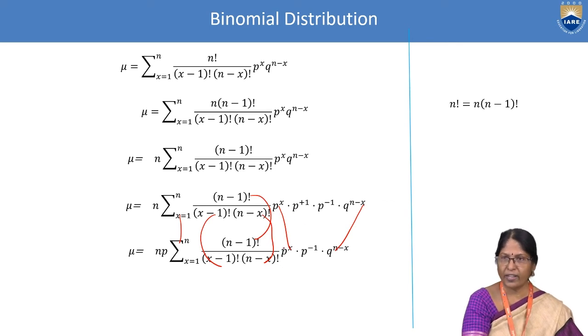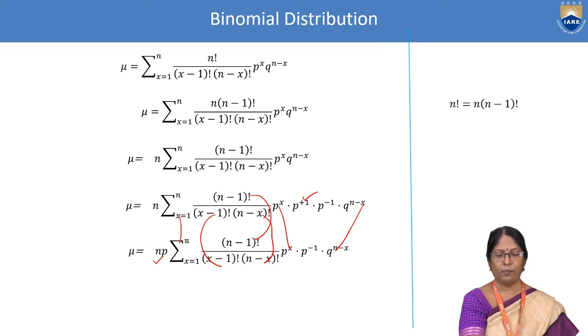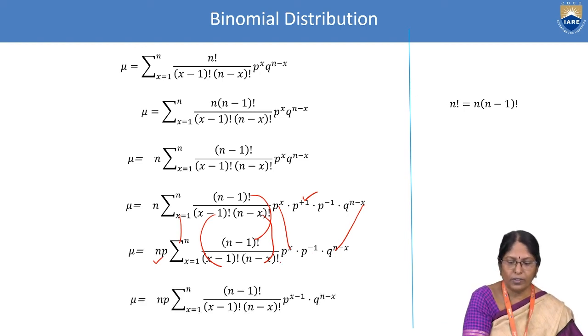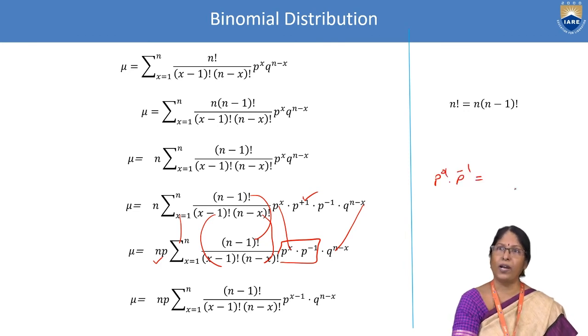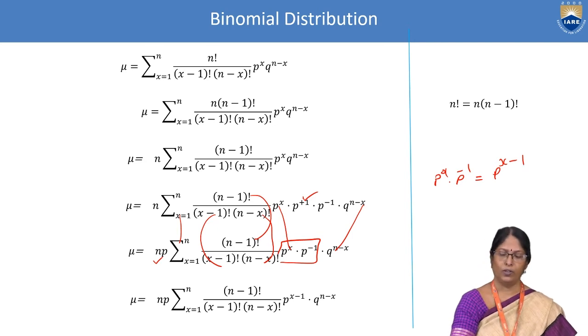So the p power x as it is, this p power plus 1 only, it has the next step before the summation we kept it. So p power minus 1 as it is written. So this p power x into p power minus 1 is nothing but the exponential law. Obeying that, we can write it as p power x minus 1. So a very clear picture is given.